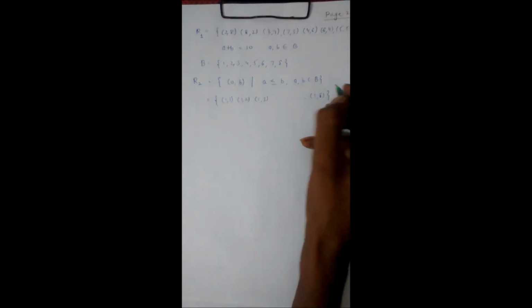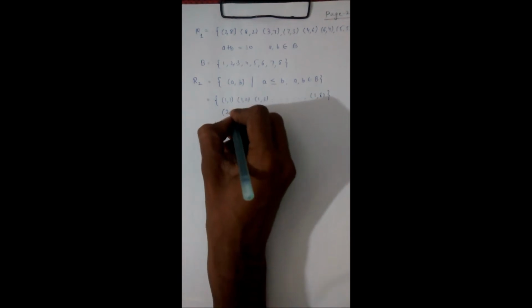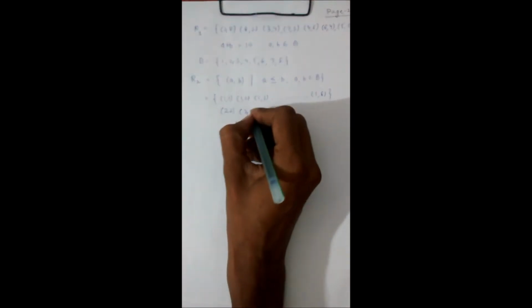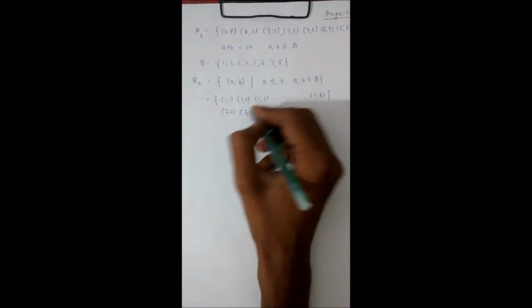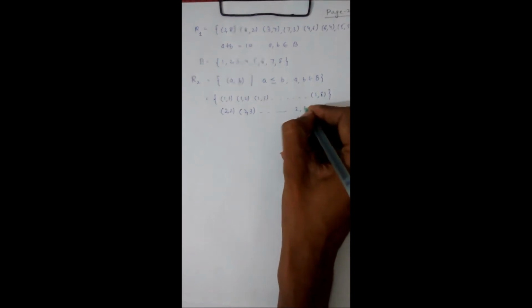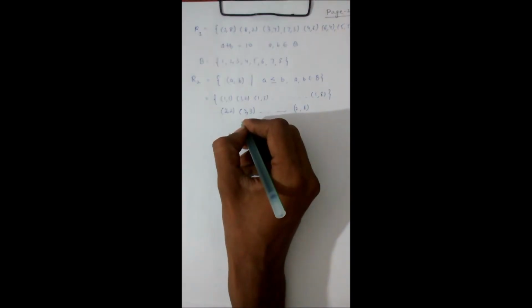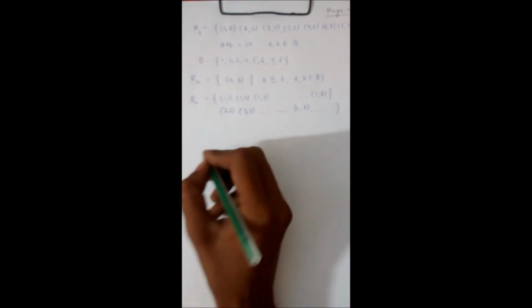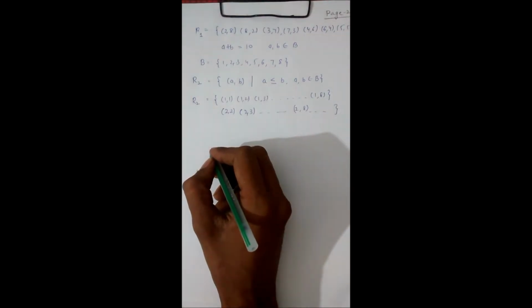I'll have every element. Now with 2, I'll have (2, 2), because the equality is also there. (2, 3) as well. 2 is less than 3, and so on up to 8, and then (3, 3), (3, 4), and then (4, 4), (4, 5). Like this we can find out our relation 2 that I call R2. We can define many more relations.